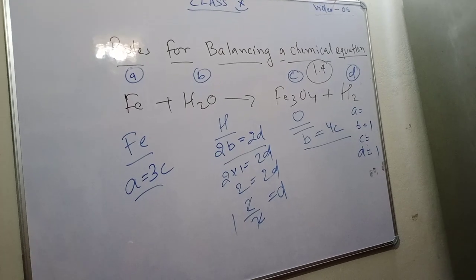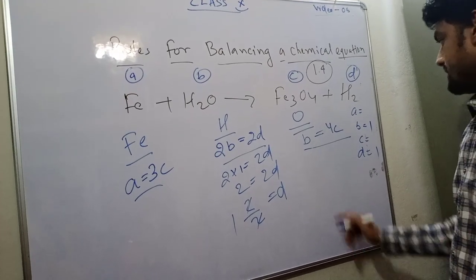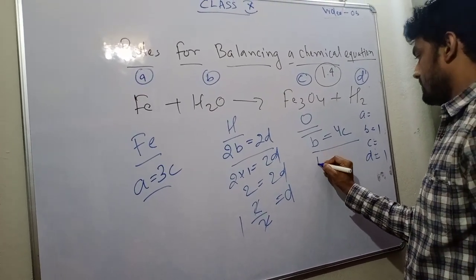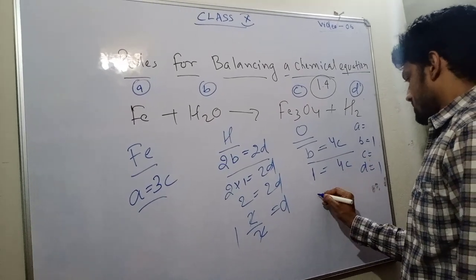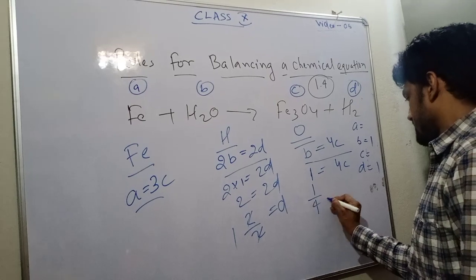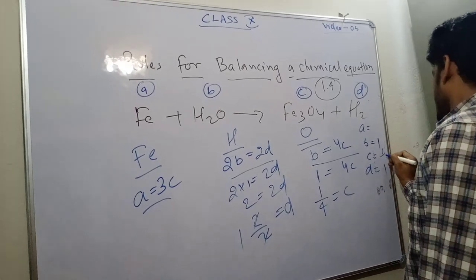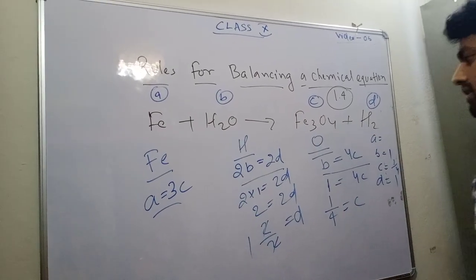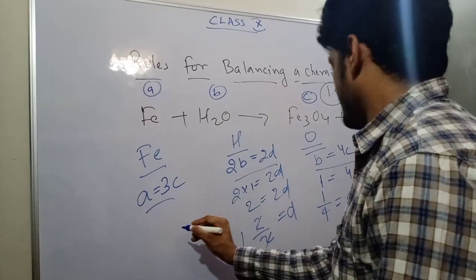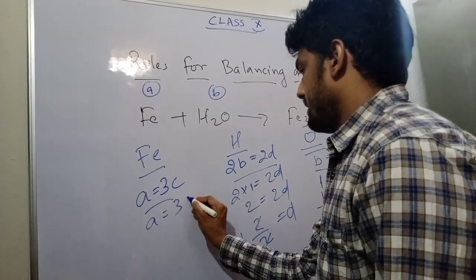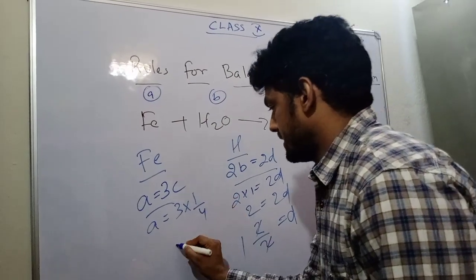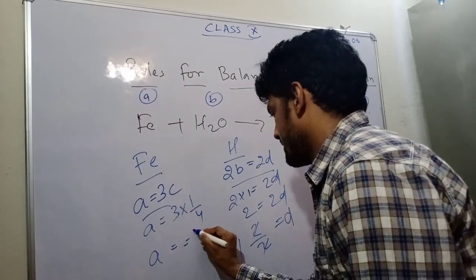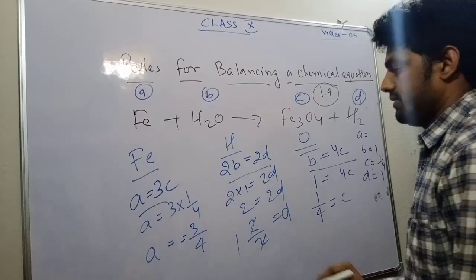Now we have to take C. Here B is equal to 1. Then 4C is equal to 1, so C is equal to 1 by 4. Now move to A. 3C, and C's value is 1 by 4. Then A is equal to 3 by 4.